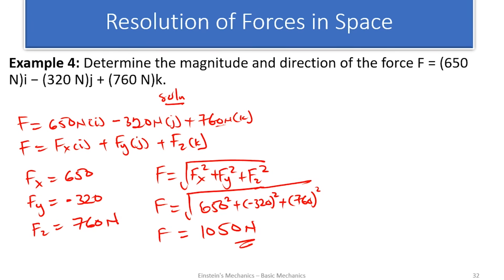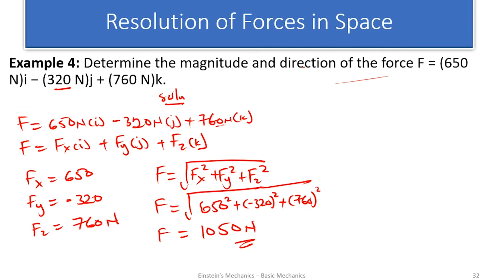So anytime you're given the question in the IJK system, always the I represents the force on the X, which is 650, and this J on the Y, which is negative 320, on the K is on the Z, 760. And I have now determined the magnitude.